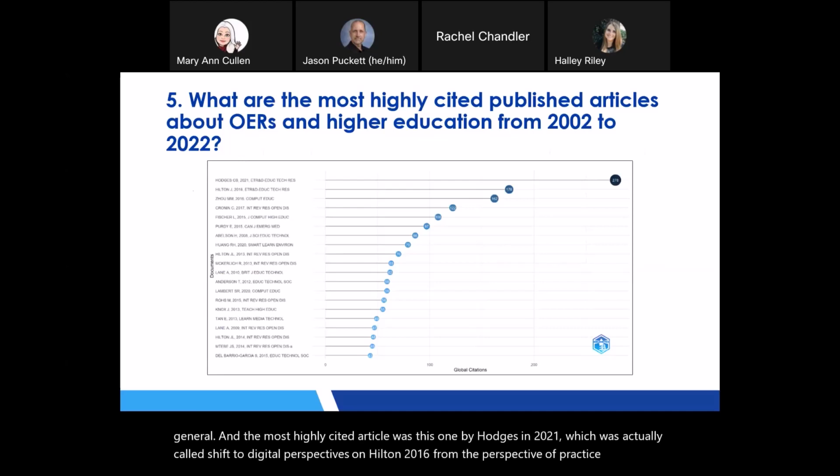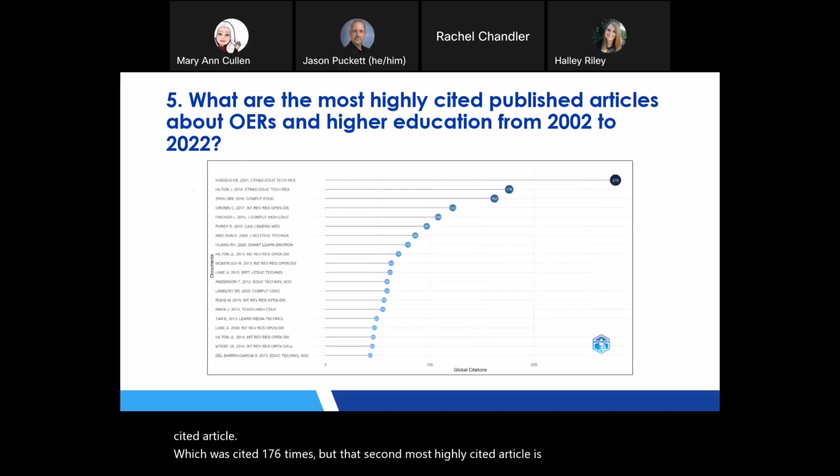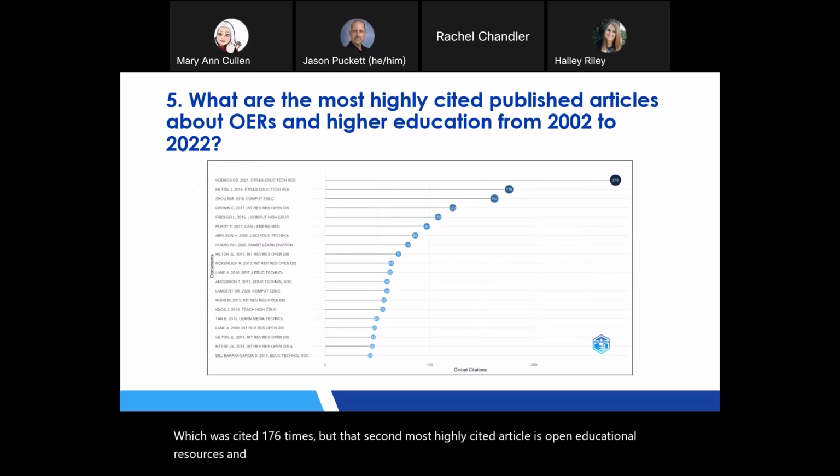So interestingly, this top article, which was cited 278 times, is actually about the 2nd most highly cited article, which was cited 176 times. That 2nd most highly cited article is Open Educational Resources and College Textbook Choices: A Review of Research on Efficacy and Perceptions. So one of them is an article about college textbooks and OERs, and the other is an article about that article. I thought that was interesting.